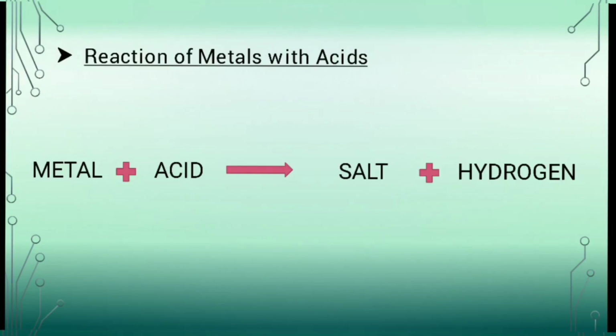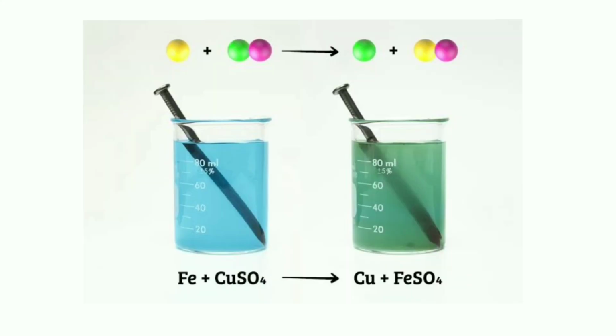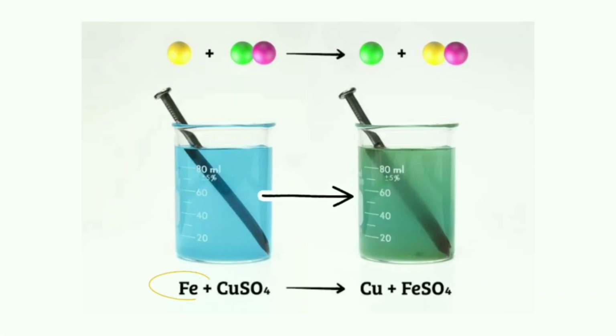Metals react with acids and produce metal salts and hydrogen gas. Generally, non-metals do not react with acids. In displacement reaction, more reactive metals displace less reactive metals from their compounds in aqueous solutions.